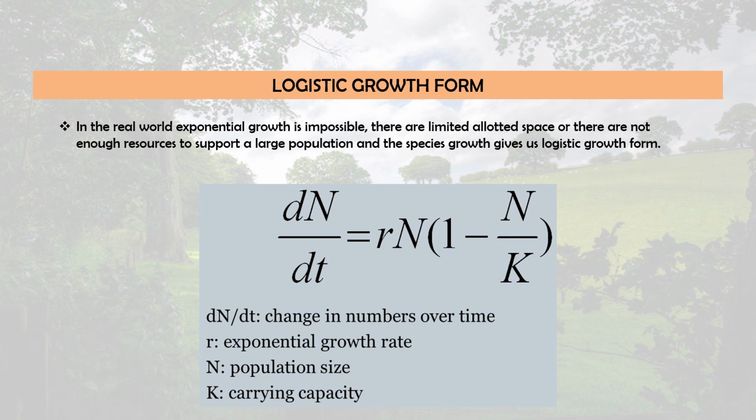Here dN by dt is the change in numbers over time, r is the exponential growth rate, N is the population size, and K is the carrying capacity.